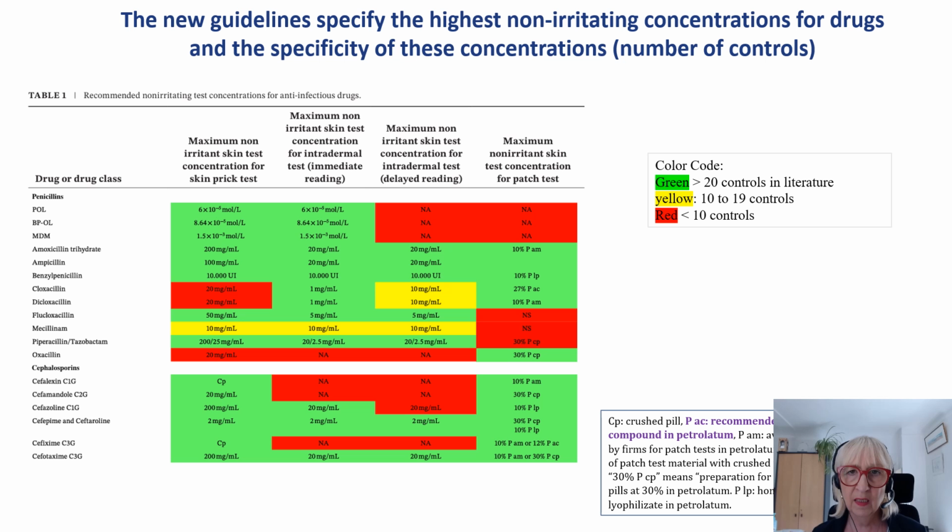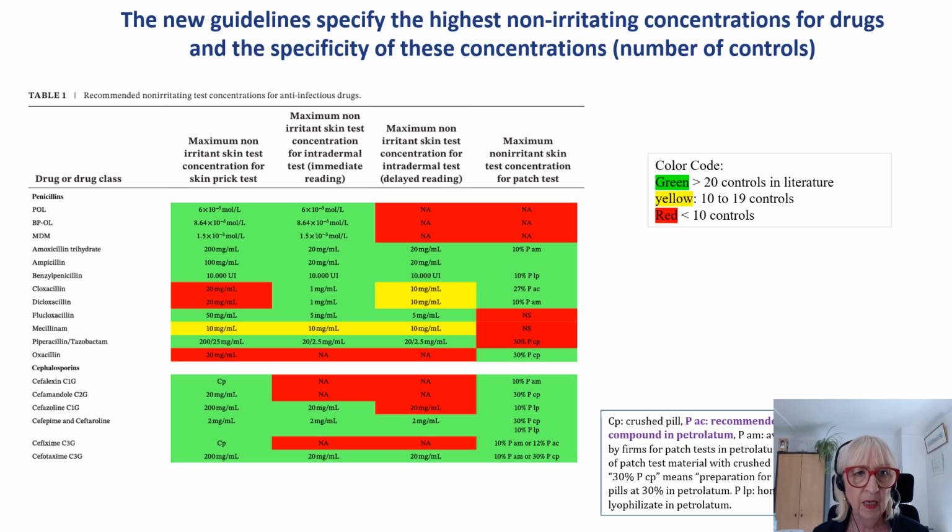These new guidelines specify the highest non-irritating concentrations for drugs and the specificity of these concentrations according to the number of controls we found in literature. So in 4 different tables, you will find in green recommendations when we found more than 20 controls, in yellow with controls between 10 to 19, and if we found less than 10 controls, the recommendation is in red.